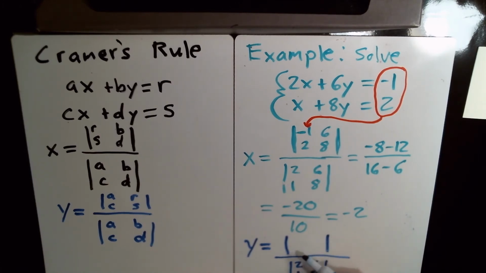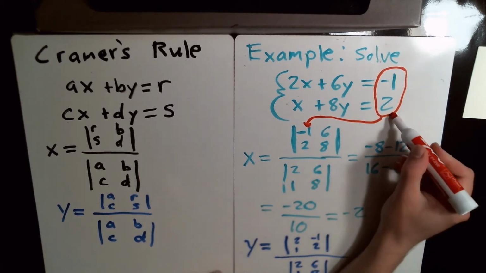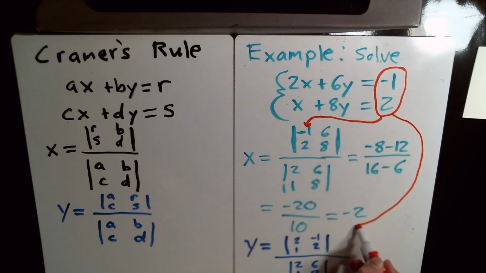But then on the top, I replace the second column with -1 and 2, and I keep the other ones the same, so 2 and 1. Again, we're just taking the numbers that are here and putting them in the second column because y is the second variable.